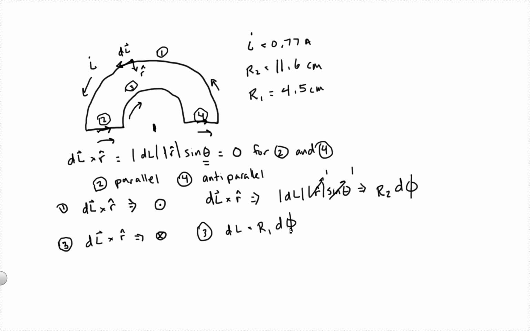Okay, now let's compute these two segments. So we'll do 1 first. Let's add up the magnetic field that the outer arc produces. So that's going to be all the little pieces of the magnetic field. And we said that this is going to be out of the page. We already know that by our right-hand rule.